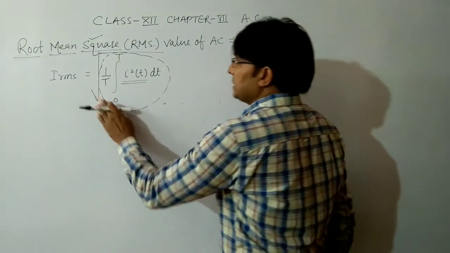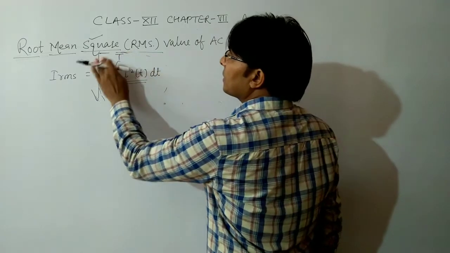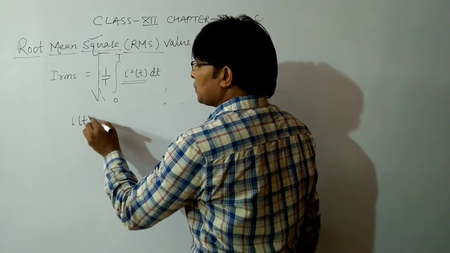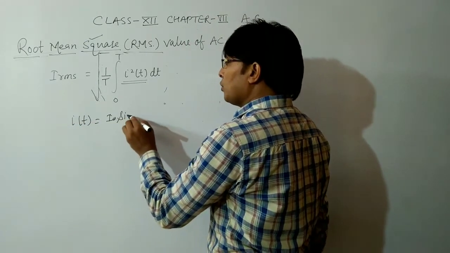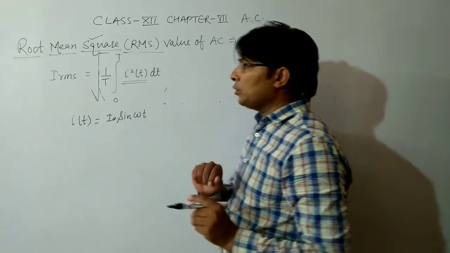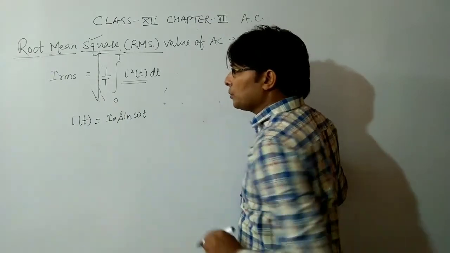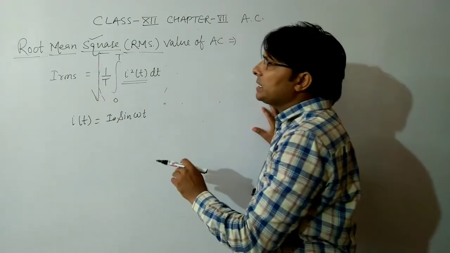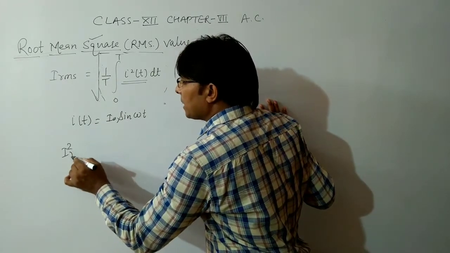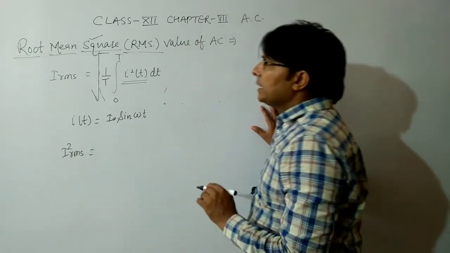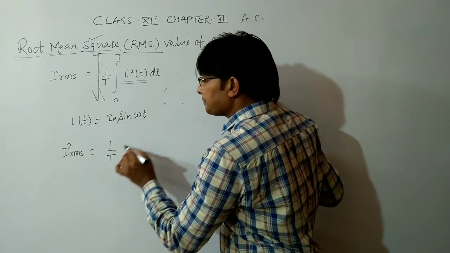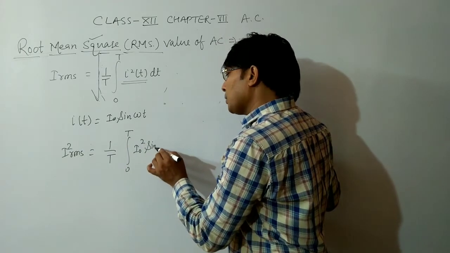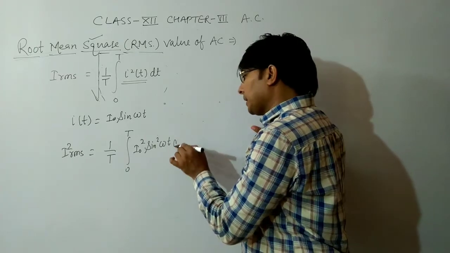Now as you know, the equation of sinusoidal AC is i(t) equals I naught sine omega t, where I naught is the peak value of the signal and omega is the angular frequency of this signal. So if I put the value here and square both sides, it will come I square RMS equals 1 upon T integration from 0 to T of I naught square sine square omega t dt.